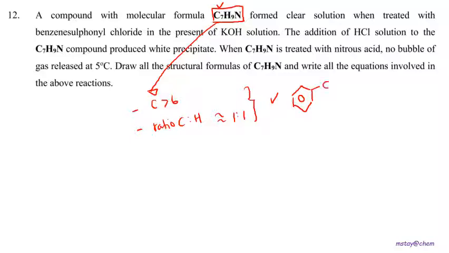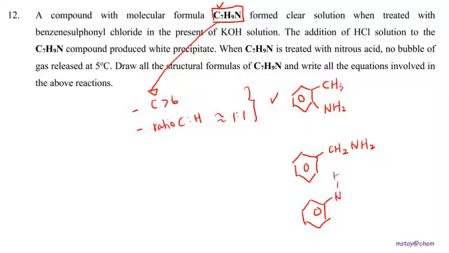The 1 carbon over here can be CH3, and then we will have the NH2 and another bond. Or we can also have CH2 and NH2. Or we can also have this structure, NHCH3.